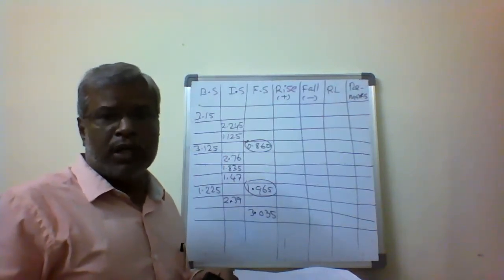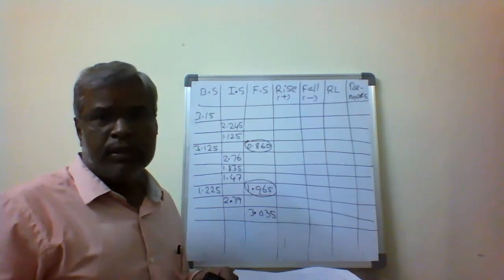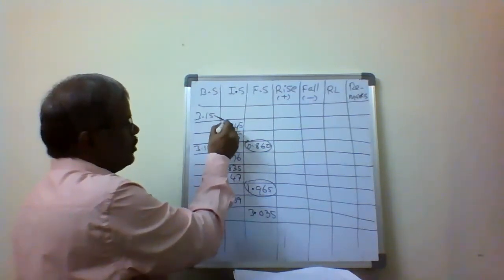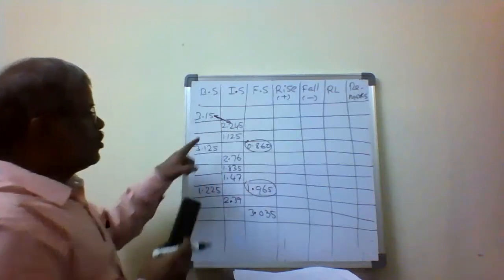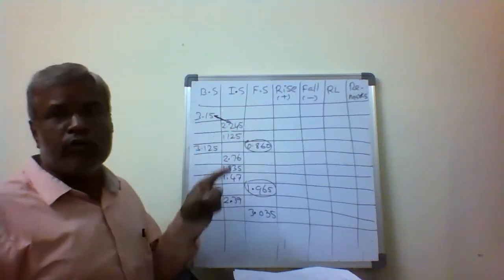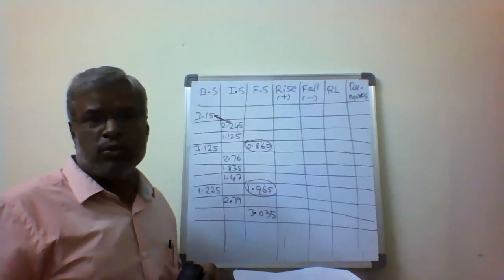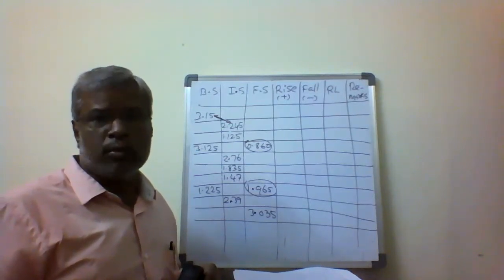Now we are going to work it out using the rise and fall method, the second method. So what I'm going to do is compare. This is the comparison: the difference of these two points I have to take. 3.15 minus 2.245. The difference is positive, so the 2.245 point is going to be a rise.